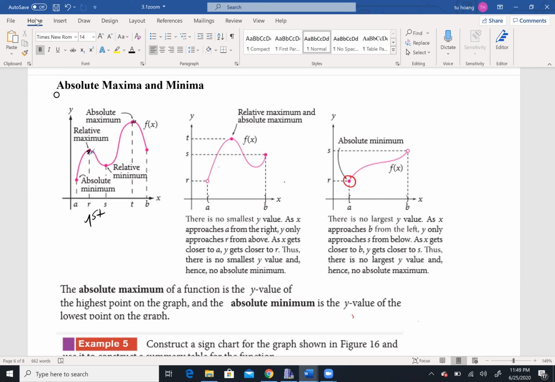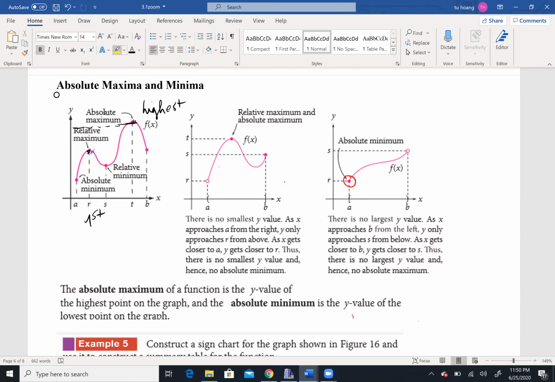I'm going to look from A to B. I just consider from A to B, and I'm going to look for the highest value of the function. At this relative maximum, I note that we have the highest value of y, right? So we call it the absolute maximum.